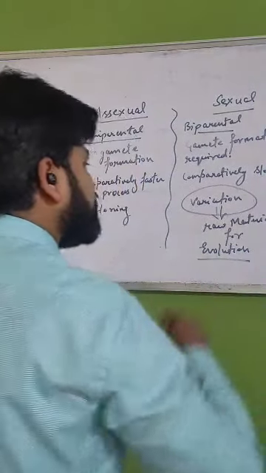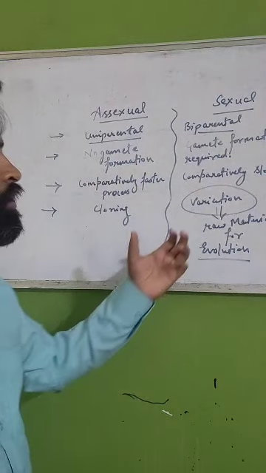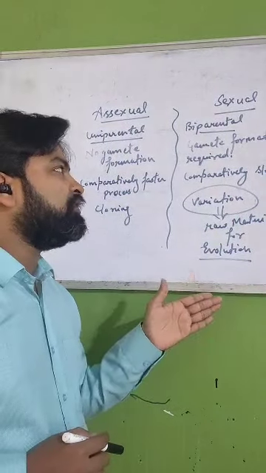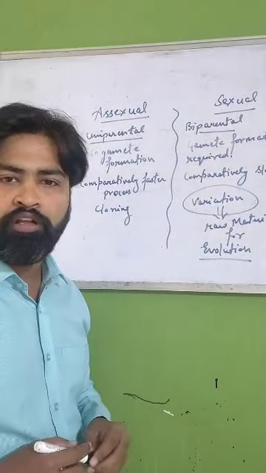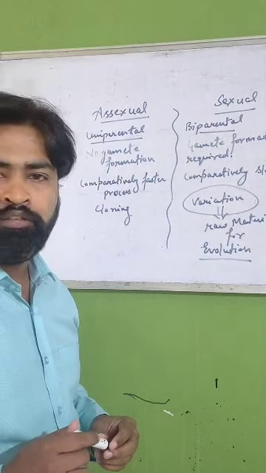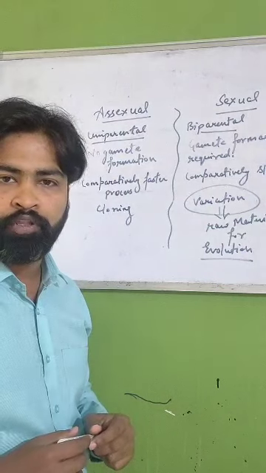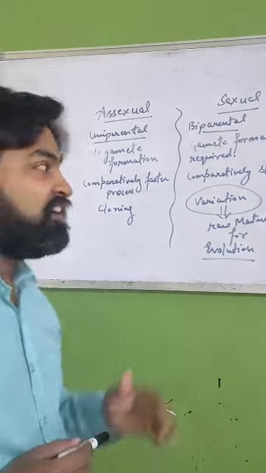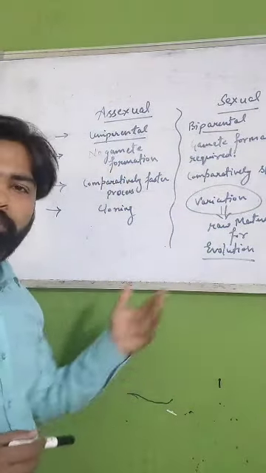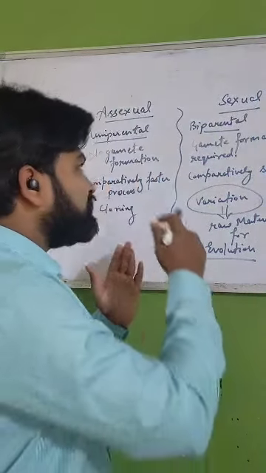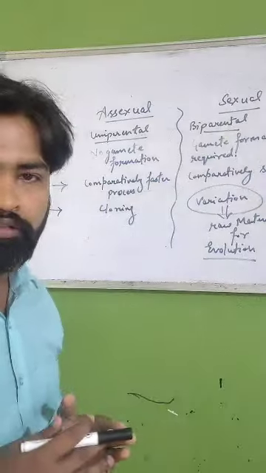So variation is one of the most important phenomena, and it takes place in sexual reproduction. It is the reason that sexual reproduction is considered better than asexual reproduction. We will discuss it later on in the upcoming sections. We will discuss why this variation is so important.